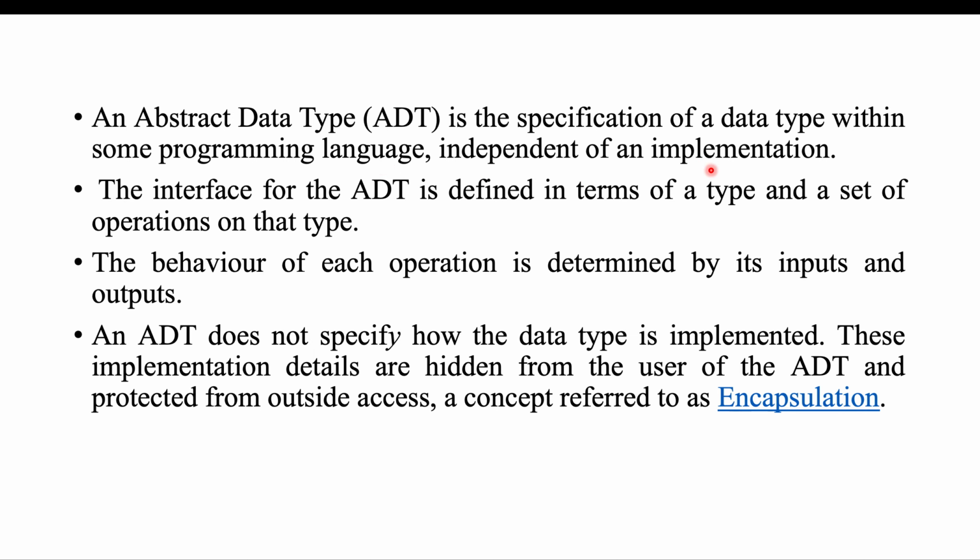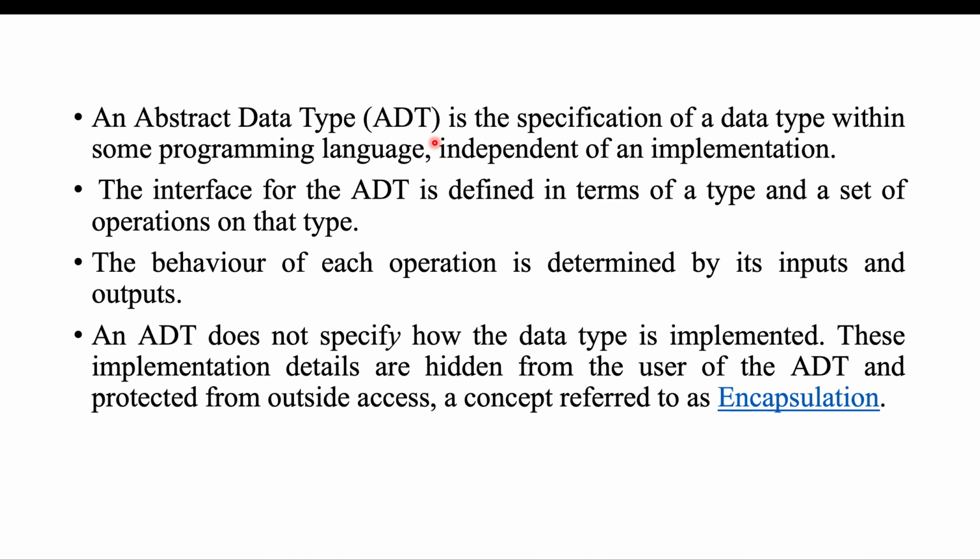That means if we are implementing the data type within some programming language, however, we do not know exactly how it is implemented, or the back end of the implementation. At that point of time, we can consider that data type to be an abstract data type.